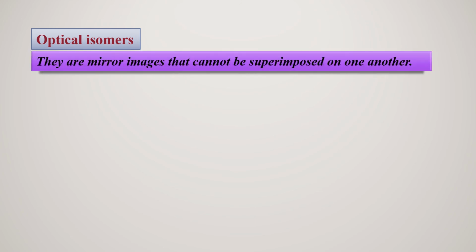Then optical isomers or optical isomerism: they are mirror images that cannot be superimposed on one another. Non-superimposable mirror images are called optical isomers and the phenomenon is called optical isomerism.